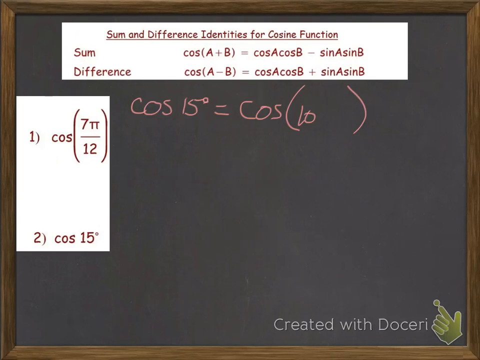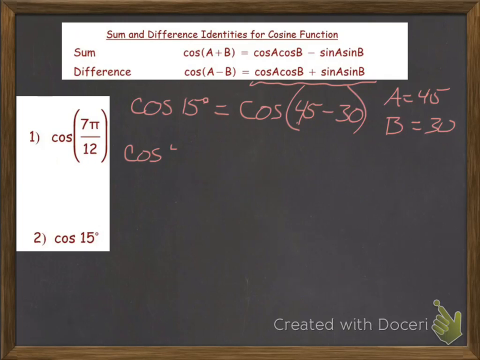I don't know what the cosine of 5 is or the sine of 5, but I can use the ones that I know. I have 45 minus 30, and that would be okay. So that means my A is 45, my B is 30. And this time, because it's a minus, I'm going to be plugging it into this second formula.